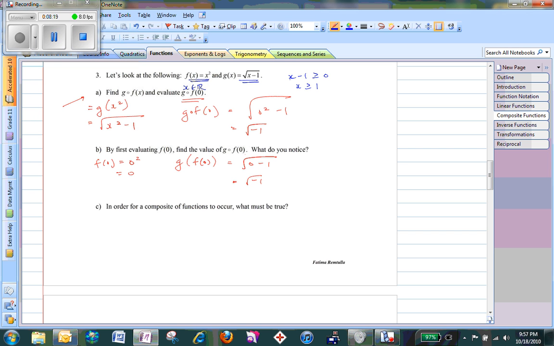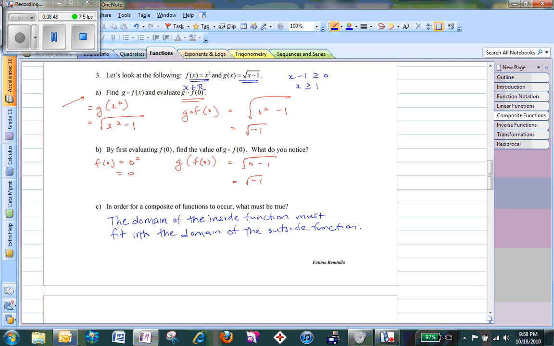So in order for composite functions to be true, the domain of the inside function must fit into the domain of the outside function.